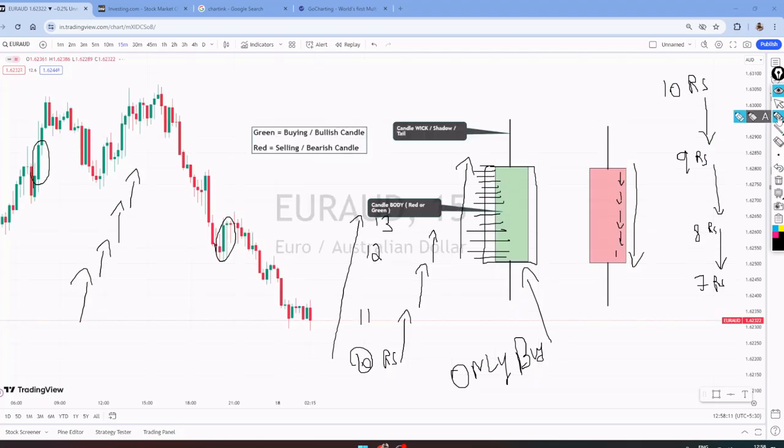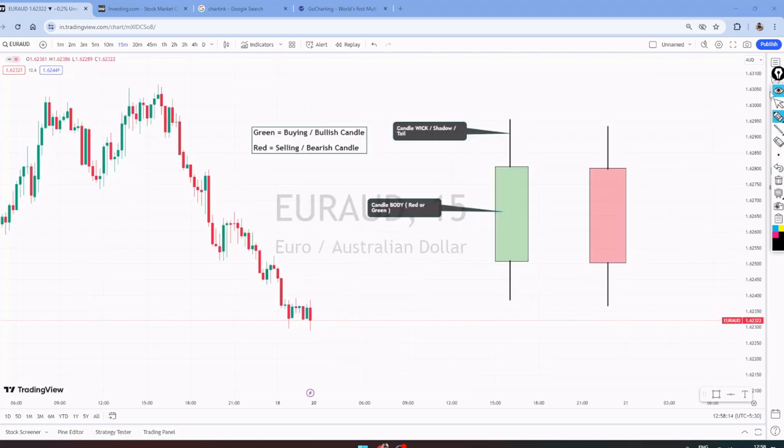So let me type it out here so that you can understand this clearly. In a green candle, body portion, buyers are buying. When they buy, price is increasing.